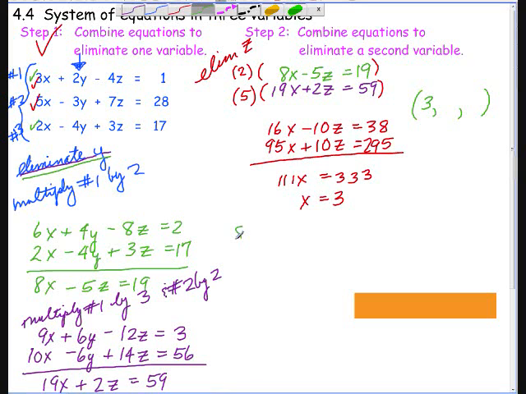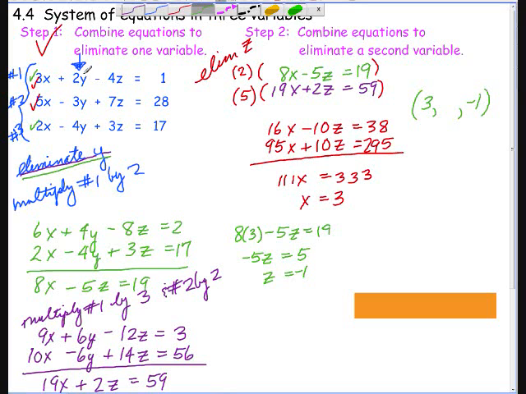That'll be 8 times 3 minus 5z equals 19. So I've got a negative 5z, which is equal to 19 minus 24, or 5. So my z is equal to negative 1. So I've got negative 1 here.